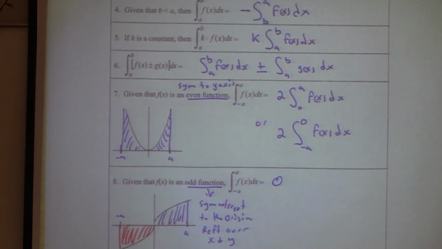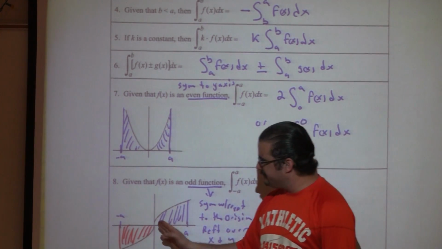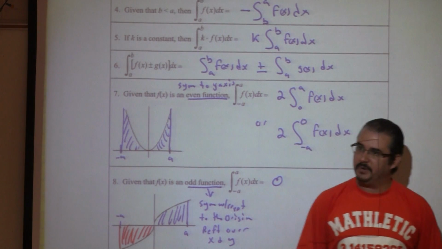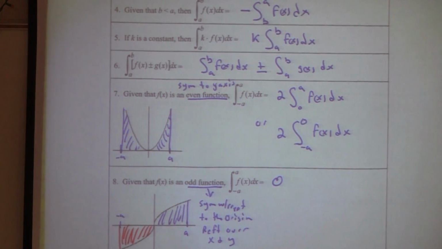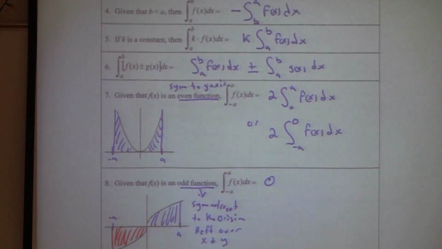So remember that when they're odd, whatever goes from 0 to A is equivalent from 0 to negative A, but it's going to be what? One's positive and one is negative, they will cancel each other out in this. Pretty cool? Alright, ready to apply these properties? Think you're going to remember them? Let's give it a try, okay?